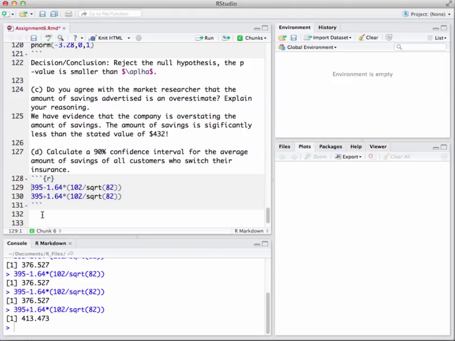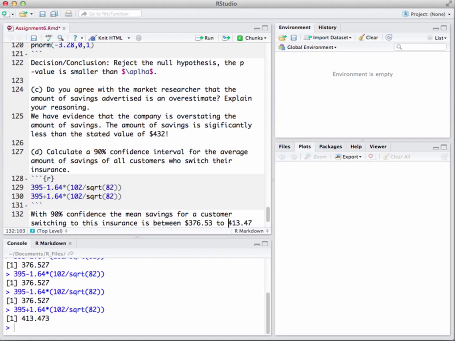So let's go ahead and write up the interpretation of that. So with 90% confidence, the mean savings for a customer switching to this insurance is between $376.53 to $413.47.